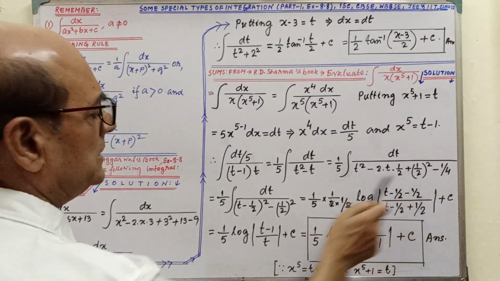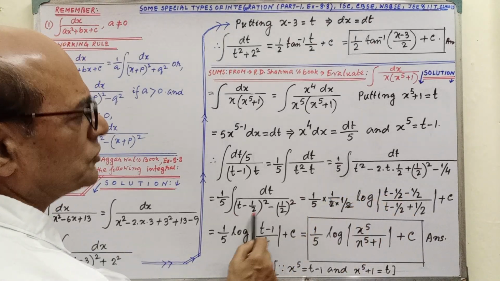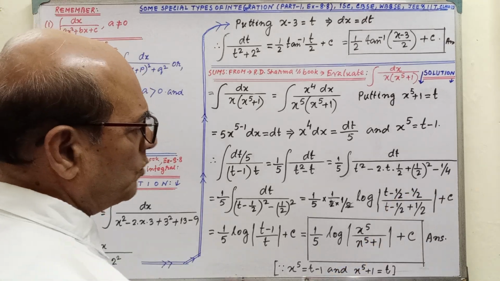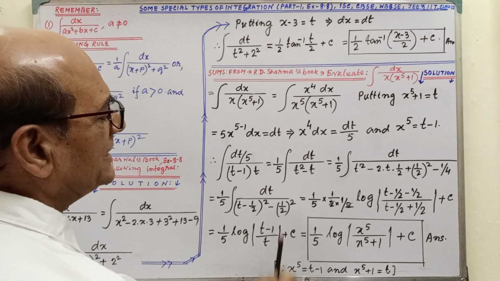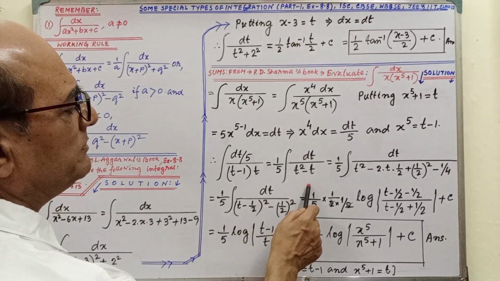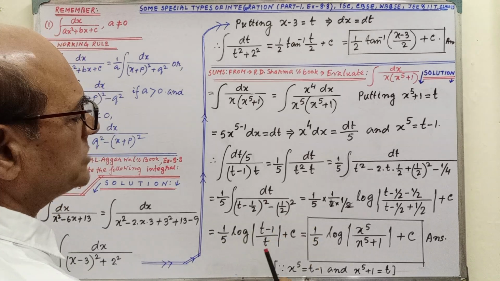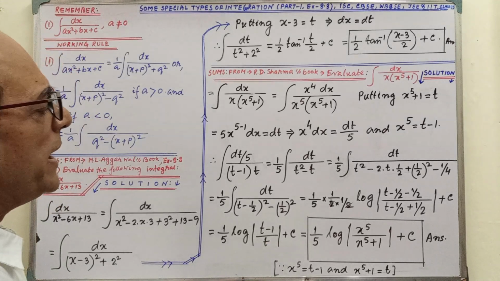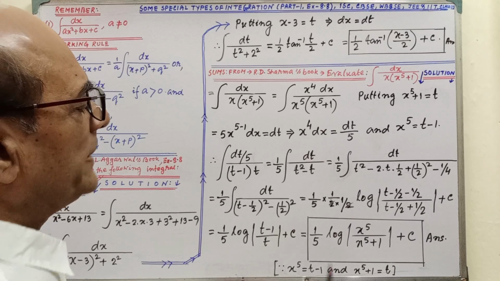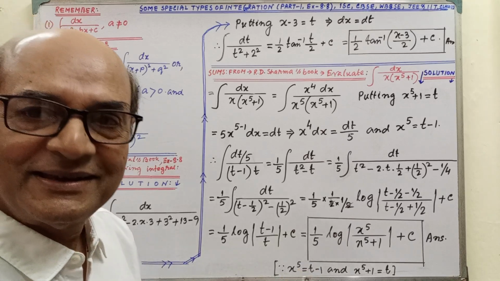Now this is equal to t minus half whole square, and this we may write as 1 by 2 whole square, x square minus a square. The 1 by 5 will come outside, and this is by applying the formula, that is x square minus a square. That formula you will get in that video.